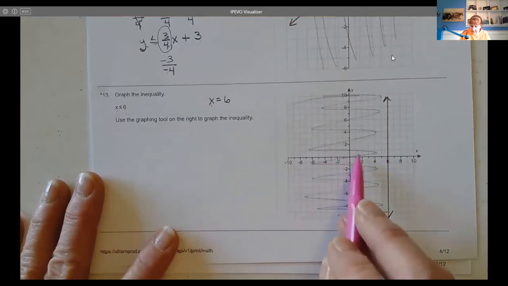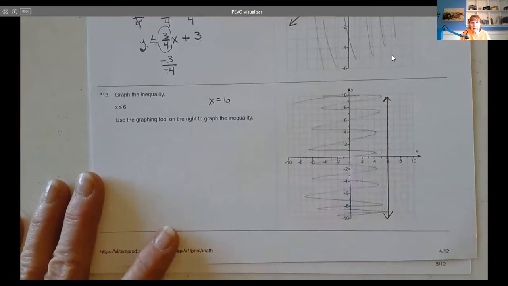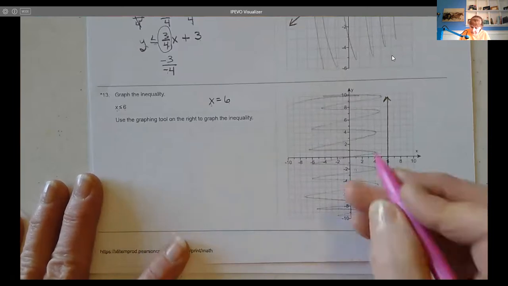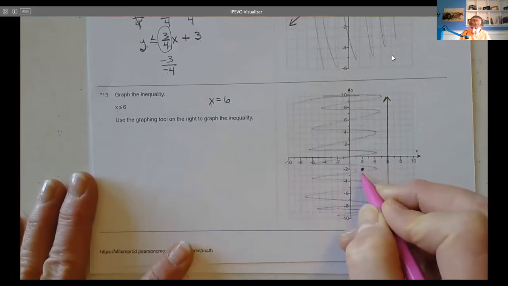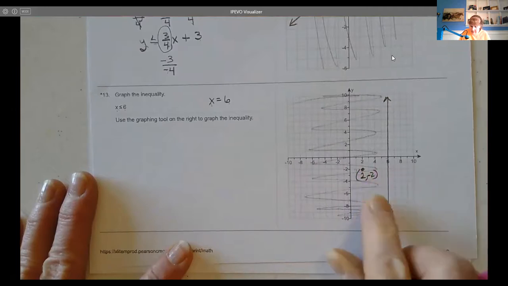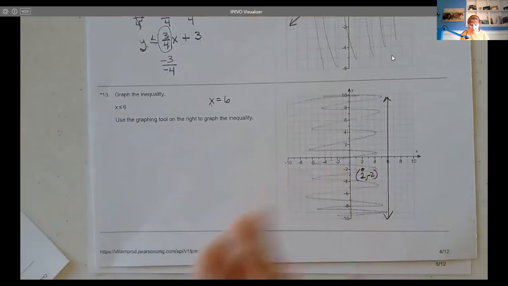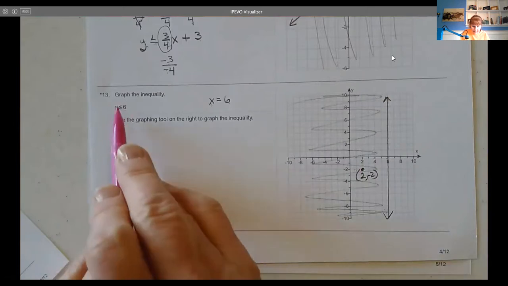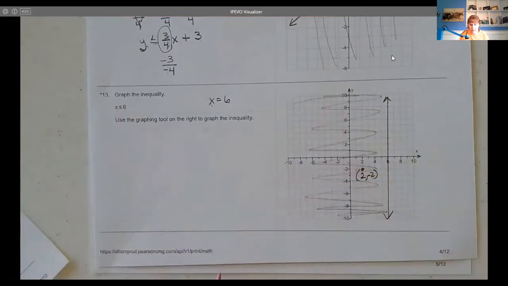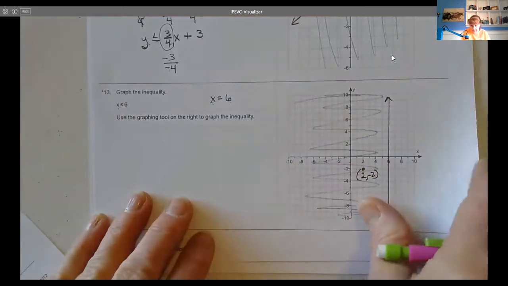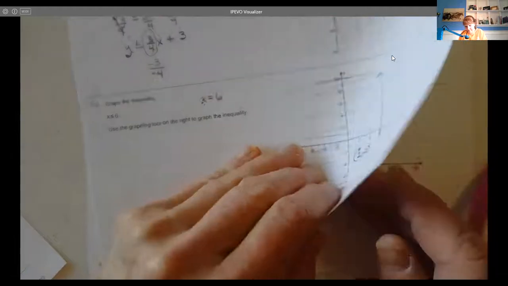Any point that has an x coordinate that's less than 6 will work. You know, this point right here, the coordinate 2, -2. As long as that x is less than 6, it'll work. So it's over to the left. Less than would be over to the left, smaller values. All right, let's look at another one of those.